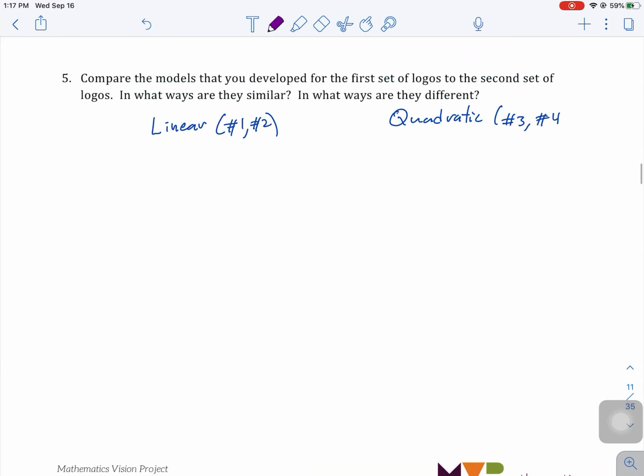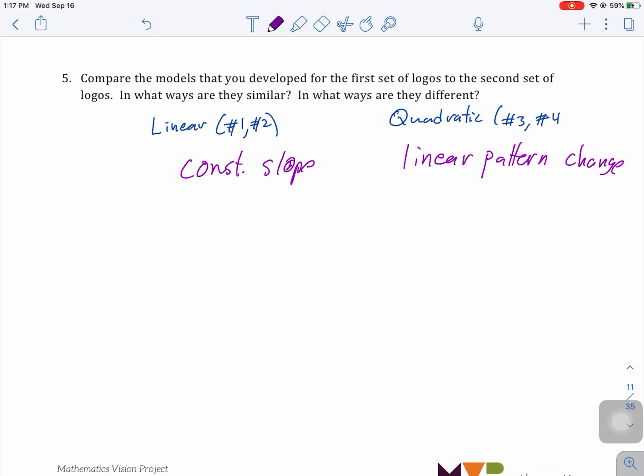The last thing is compare the models. Well, constant slope for linear, whereas it's a linear pattern of change for the quadratic, where it's constant for the linear.